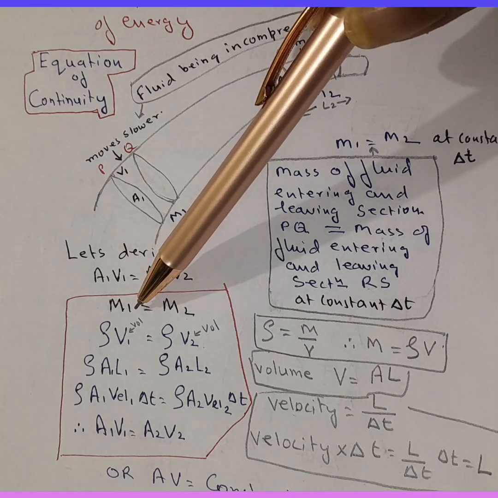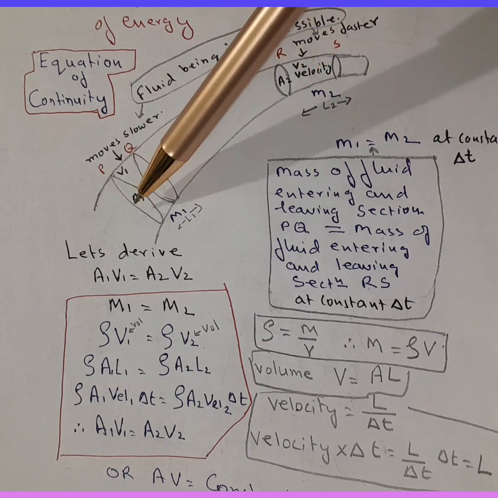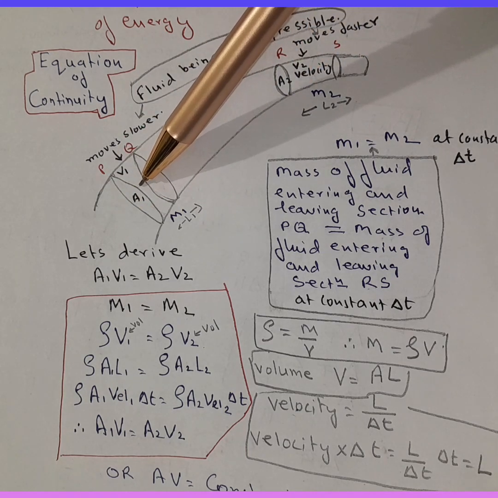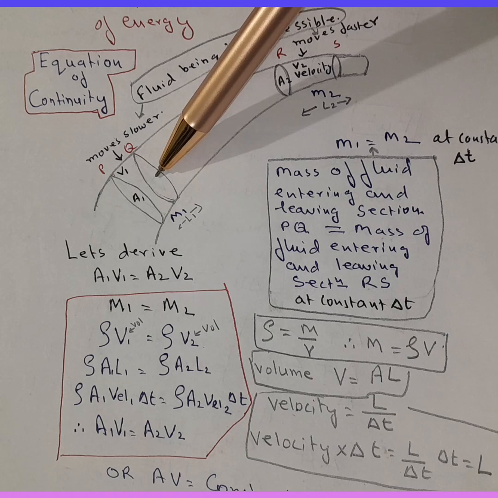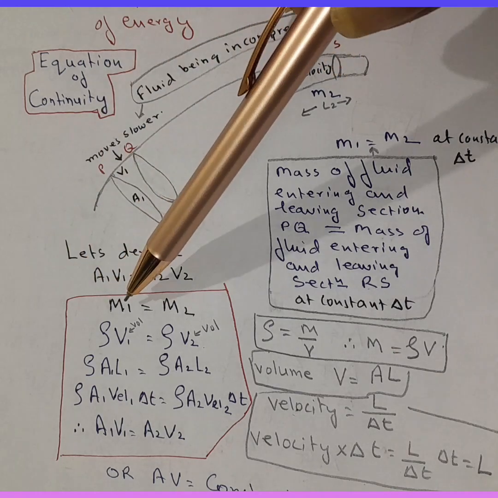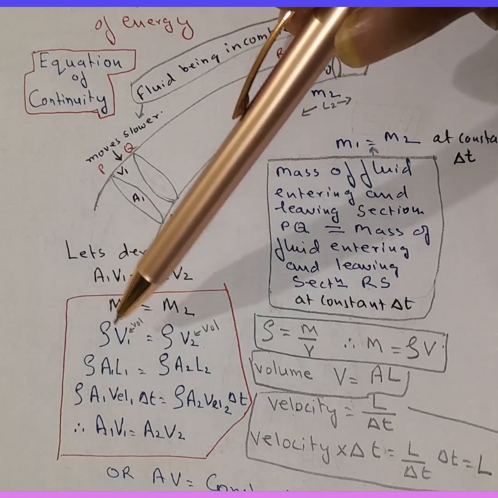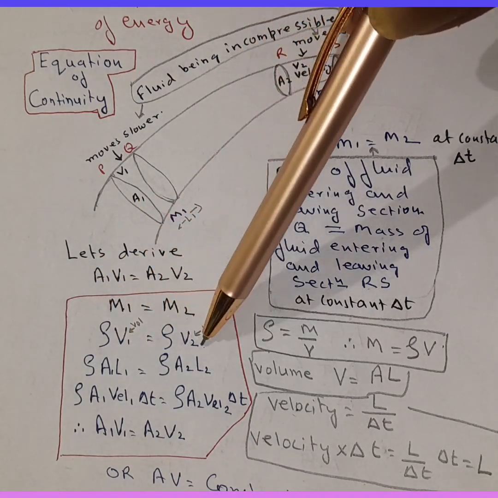So now our contention is M1 is equal to M2. The mass of fluid passing out of this column is equal to the mass of fluid passing out through this section in fixed time delta T. So rho V1 is equal to rho V2.